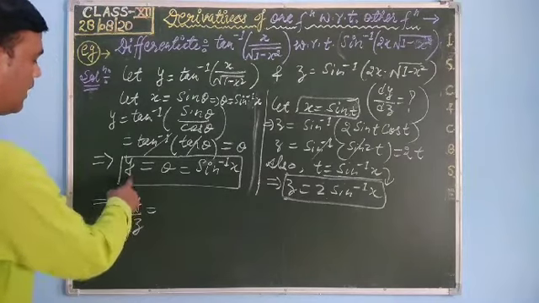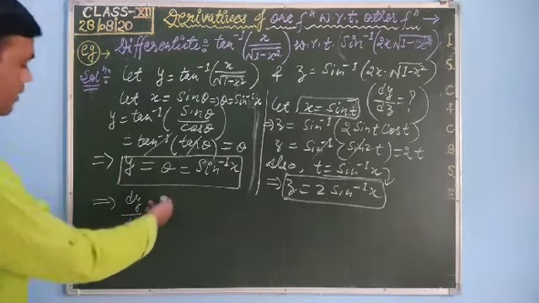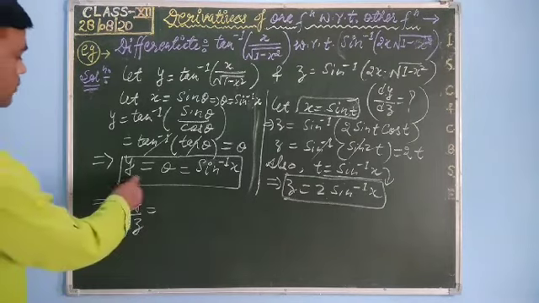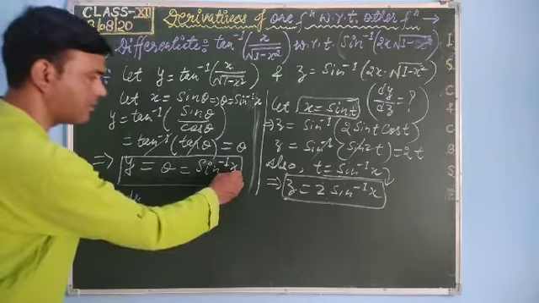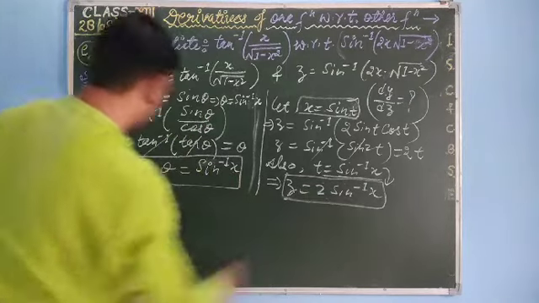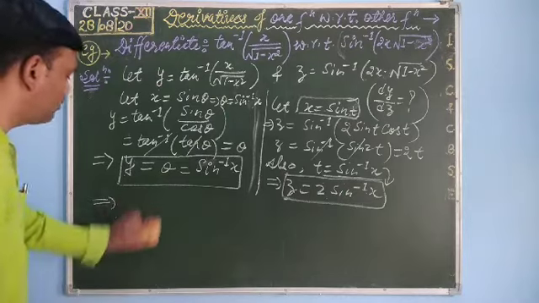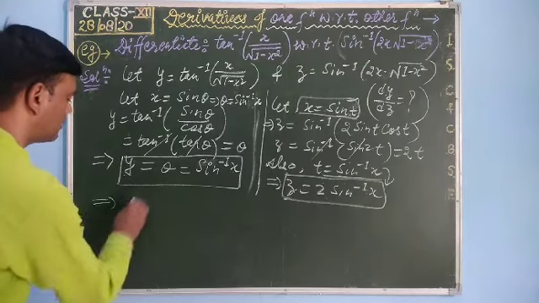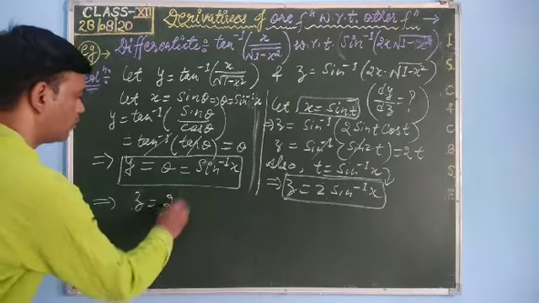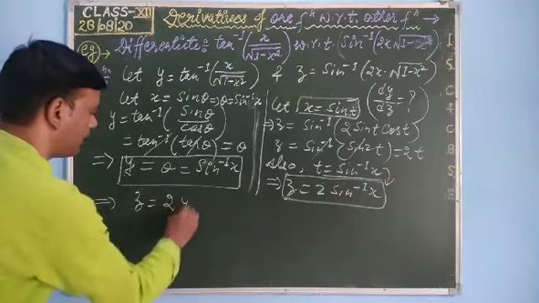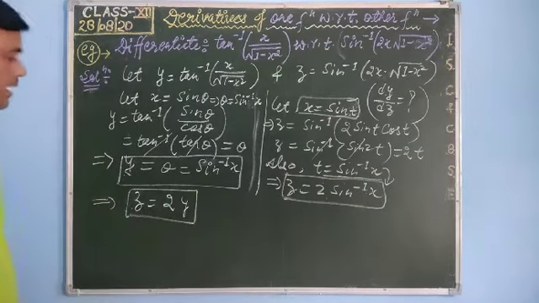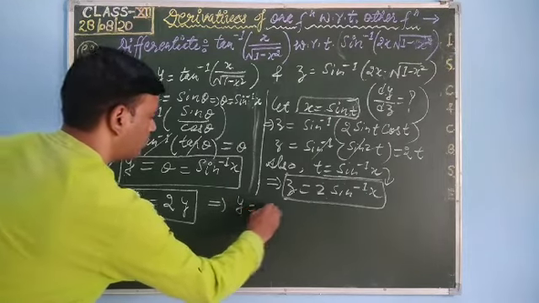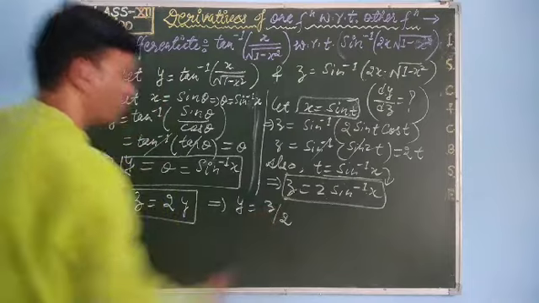See students, actually using the parametric form you can find dy by dx and then dz by dx, but here there is no need for this. Actually here is a direct relation between y and z. y is equal to sine inverse x and z is equal to 2 sine inverse x. So directly you can see z is equal to 2 times y, in place of sine inverse x you can put y. Therefore y is equal to z upon 2.